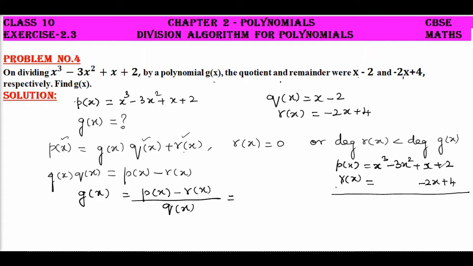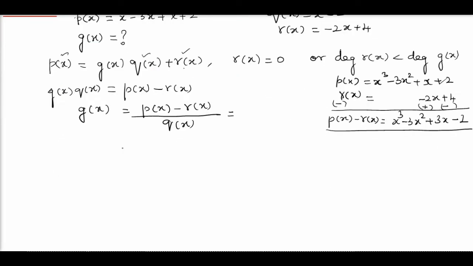So when you subtract, change the sign of the second polynomial. So I get the left hand side, p of x minus r of x, equal to: first term x cube, second term minus 3x square, and the third term x plus 2x, so it is plus 3x, and here it is 2 minus 4, so it is minus 2.